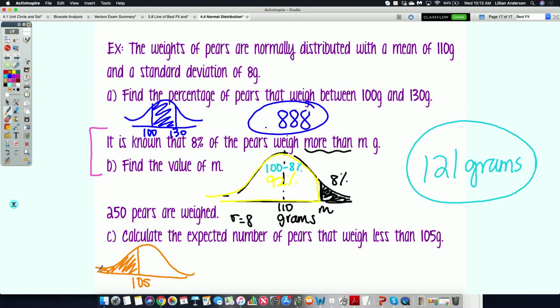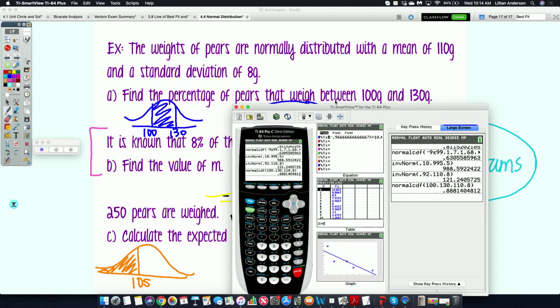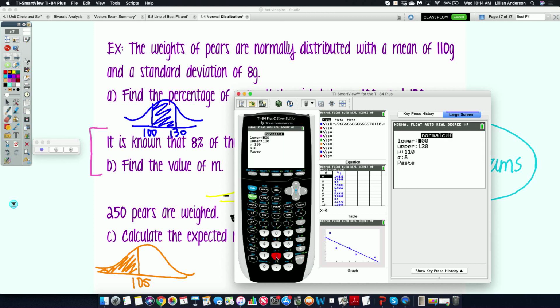So then we're looking for this probability here, and whatever we get, we're going to multiply by 250. So we need to go into my calculator and determine what that probability is. Because I'm looking for a probability, I'm going to be using option 2.